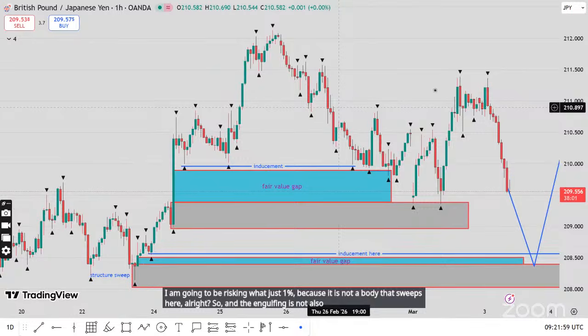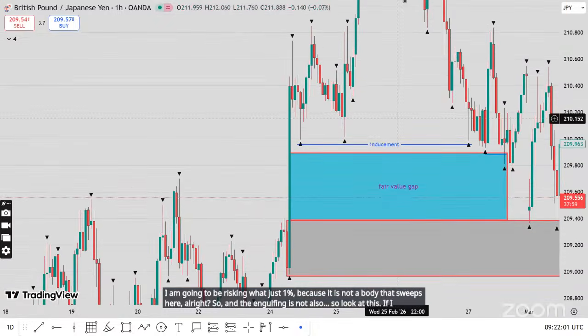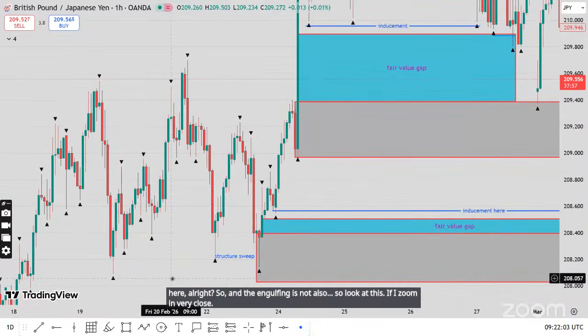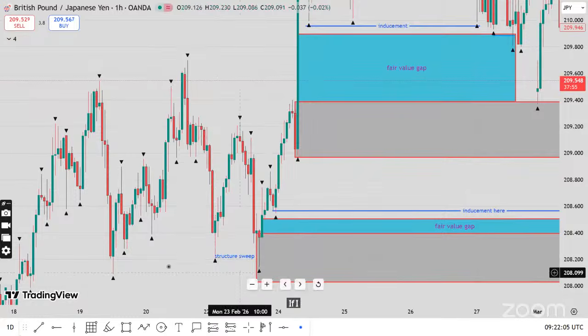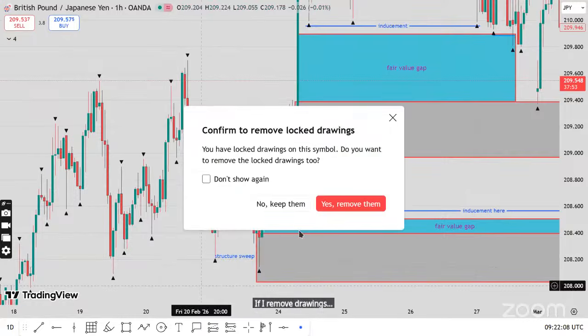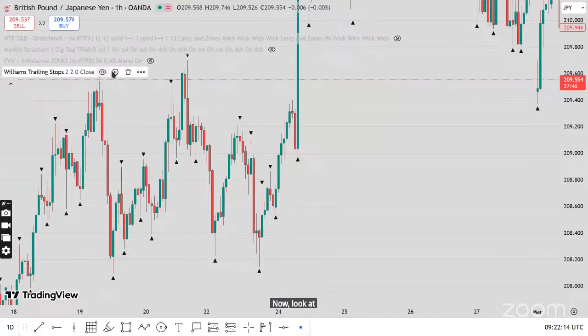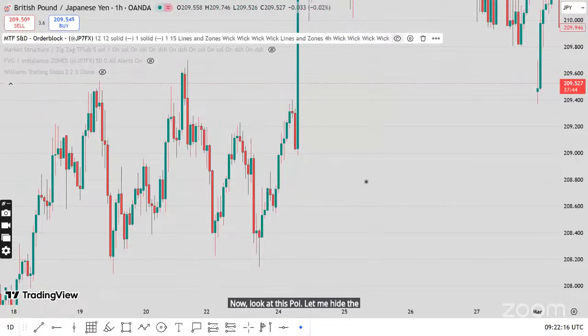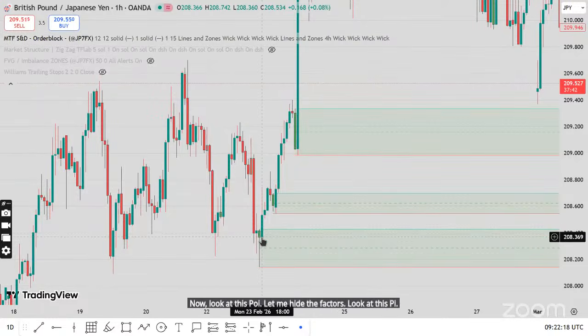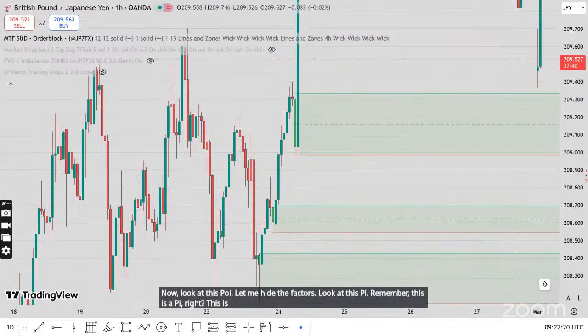So look at this. If I zoom in very close, if I remove drawings, now look at this POI. Let me hide the fractals. Look at this POI. Remember, this is a POI, right? This is the engulfing.